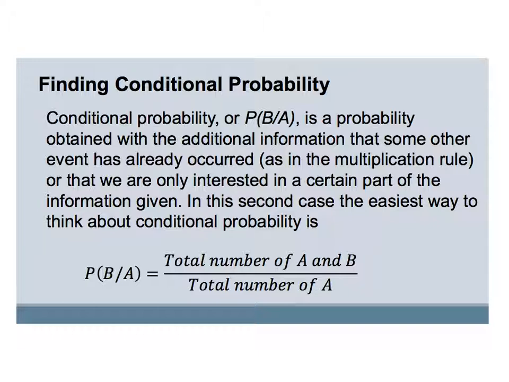So say I did a survey about males and females, and then conditional would be something like, what's the probability they're employed given they're males? So I've decided I only care about the males. So I'm only going to look at the males, and I want to know how many are employed. Well, see, that changes your total. So instead of the total males and females that you surveyed, now you're only looking at the total males you surveyed. So your sample space is different.